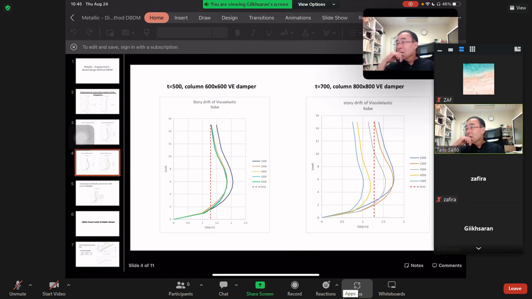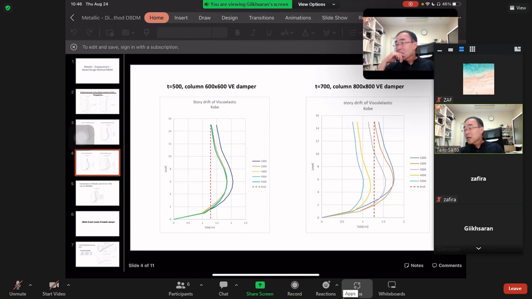Before I made a mistake, that was wall thickness 700, column 600, and this time I changed the column to 800.